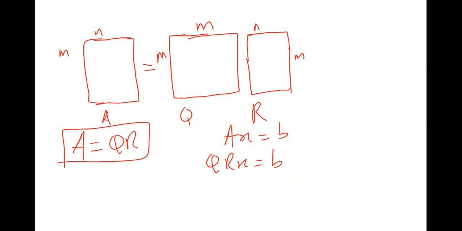So you can have Rx equal to Q inverse of B. Of course, if it is orthogonal, then it's the same as this.